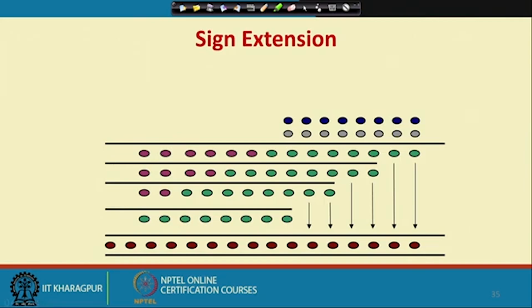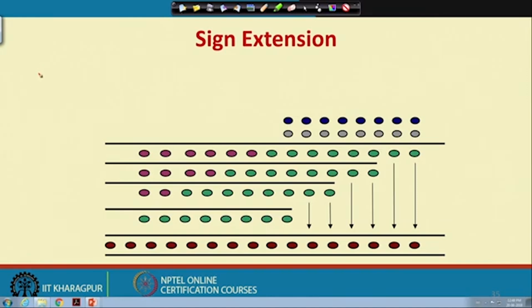Because in the decoding table I find that, okay, sometimes I need 2 of a, minus 2 of a, or minus of a, which is nothing but the 2's complement. So minus of a means 2's complement, means this sign, that means the MSB, has to be extended up to the maximum MSB site.